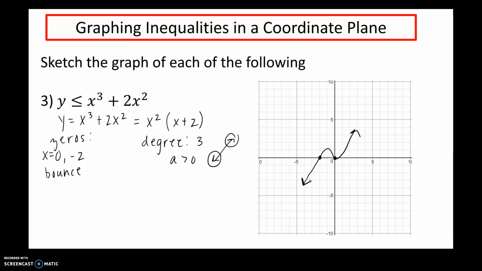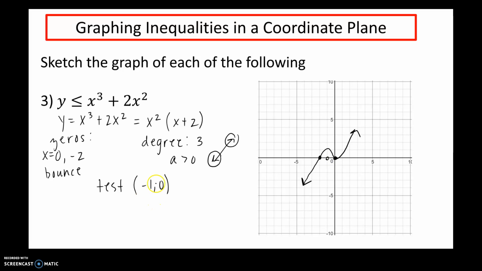Now here, (0, 0) is on the graph of the function, so I have to pick another point to plug in. My suggestion to you is try and make it so that either x or y is a negative number. It just makes the substitution that much easier for you. So I'm going to test the point (negative 1, 0). So here's my test point.